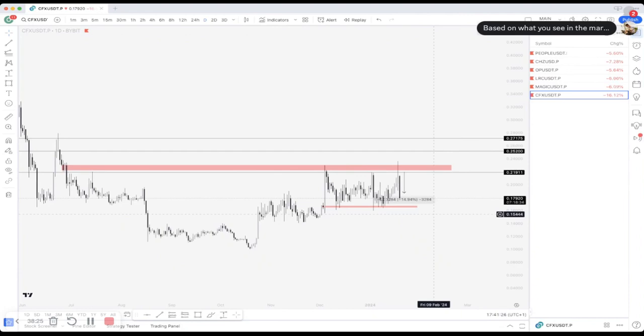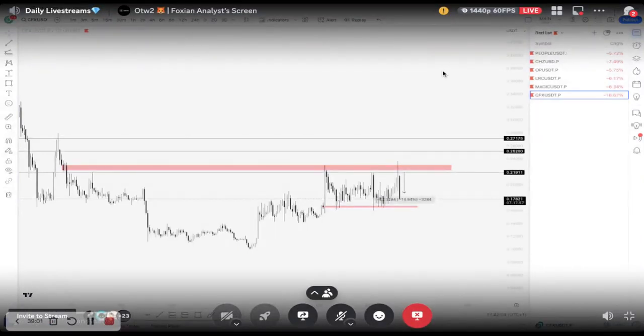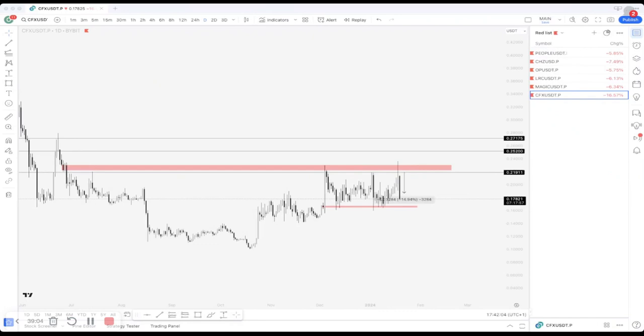Based on what you see in the market right now, do you decide whether you're favoring shorts or longs? I can show you guys. Just give me one sec. I'll share my chart, share my screen. Sorry, a different screen. There we go.